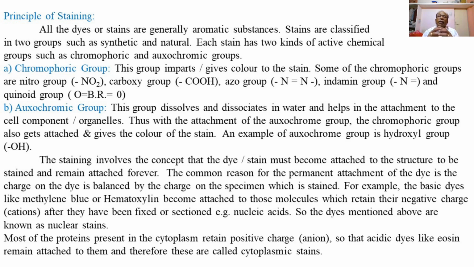So this is again a reaction between the acidic stain with a negative charge and the protein with a positive charge of the cytoplasm, and thus they are called either cytoplasmic stains or acidic stains, and they have affinity with the materials with a positive charge.